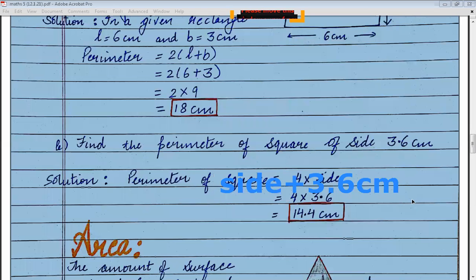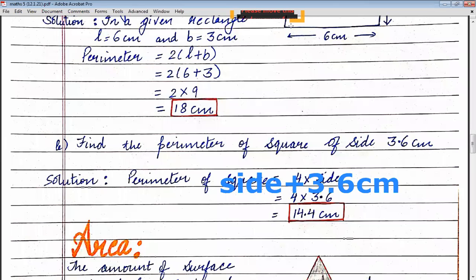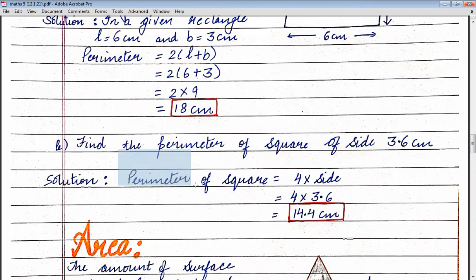Okay, so now when side is given to you and you know that the formula of perimeter of square is 4 into side, you just have to multiply 4 with 3.6. After multiplication, your answer is 14.4 centimeter.